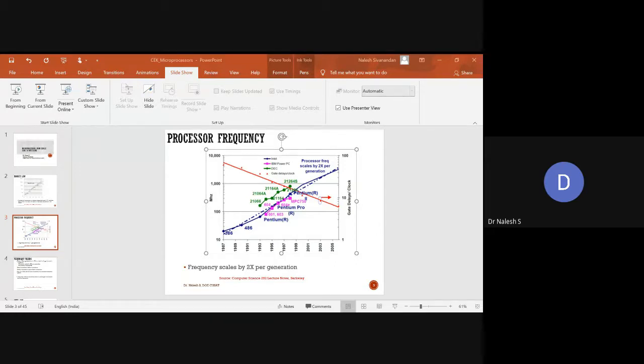There you have to do some minute corrections, but let's forget that. Ideally, the increase in frequency was giving you a free improvement in the throughput or the performance of your processor without any architecture changes.